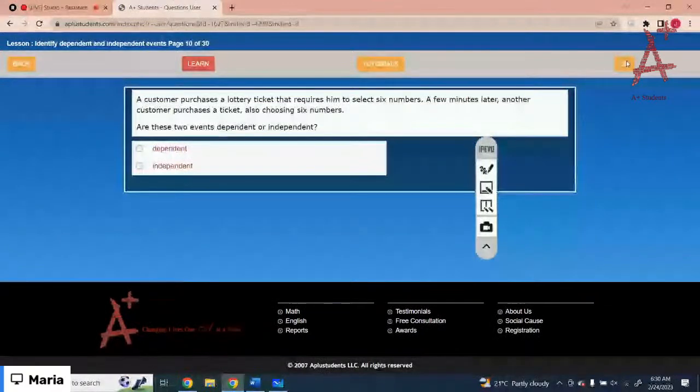A customer purchases a lottery ticket that requires him to select six numbers. A few minutes later, another customer purchases a ticket also choosing six numbers. Are these two events dependent or independent?